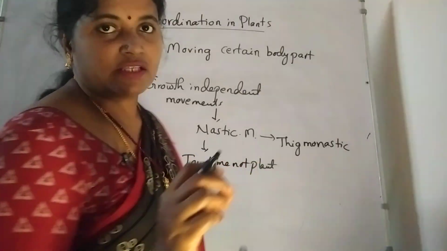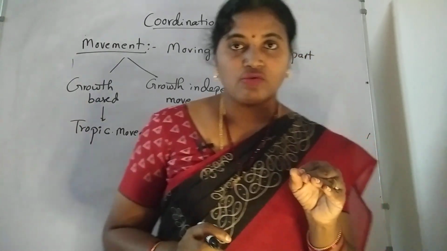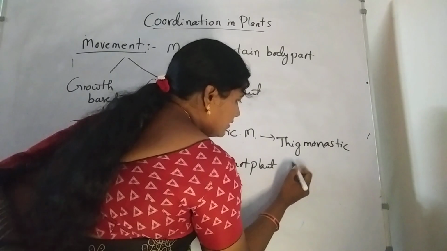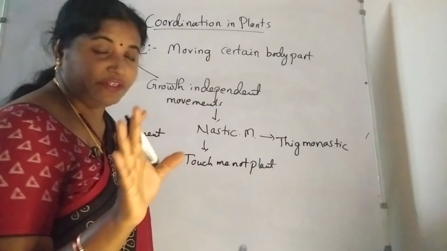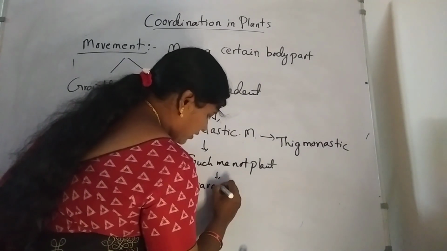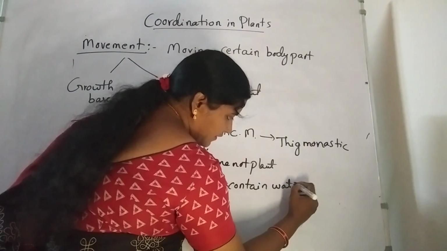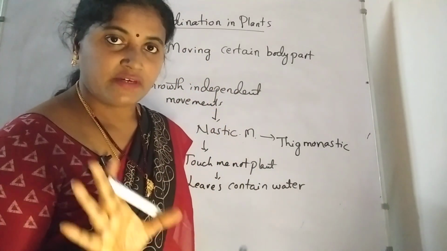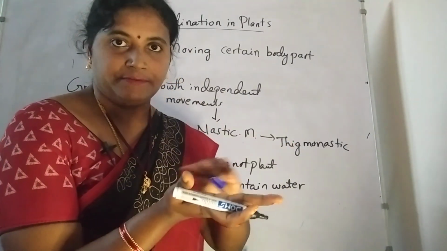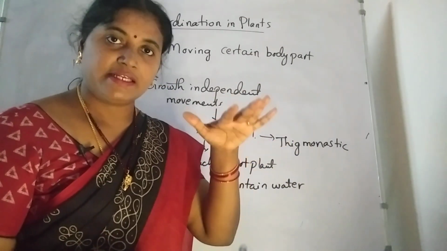This thigmonastic movement depends on the presence and absence of water. Before we touch the leaves, the leaves contain water, so the leaf is flattened, in its normal form.